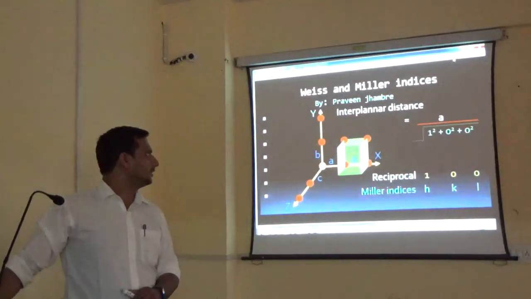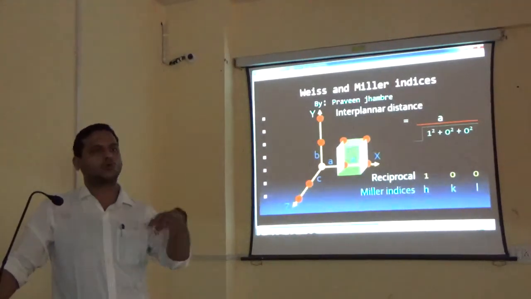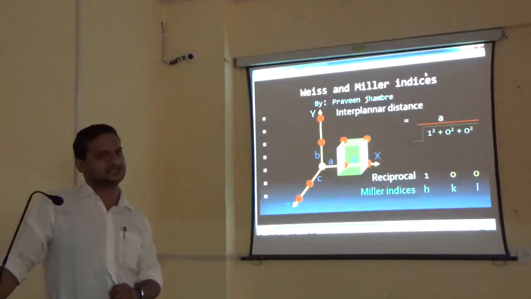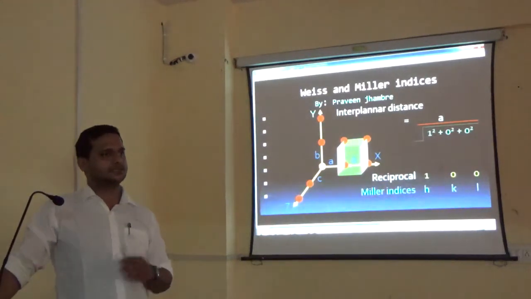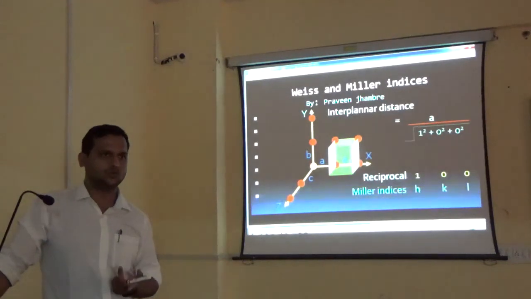Indices basically gives you the information about a coordinate system. In simple language, we can say that this is a coordinate system. From previous knowledge of mathematics, we know what coordinates are. Yes or no?